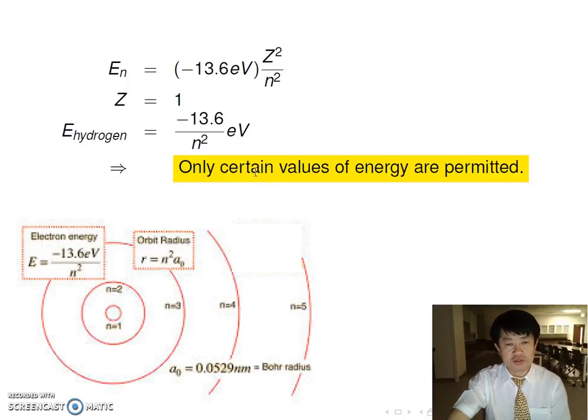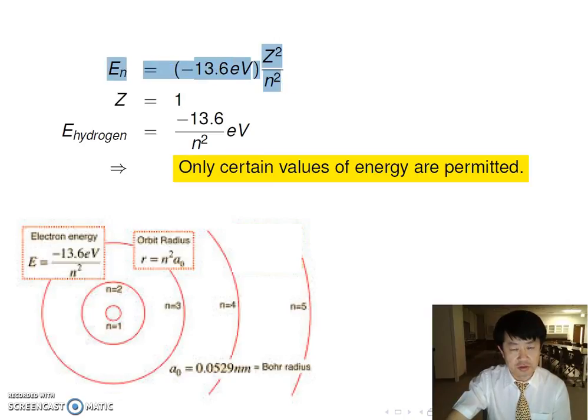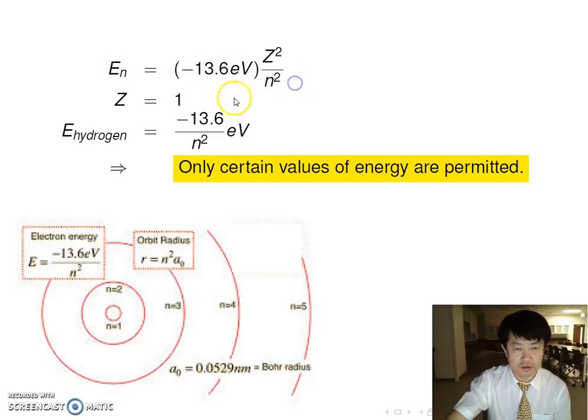Then what does this mean? Energy equation: negative 13.6 is a constant, Z depends on the atom, n is a quantum number. For hydrogen, Z is 1, so it turns out to be negative 13.6 over n squared.